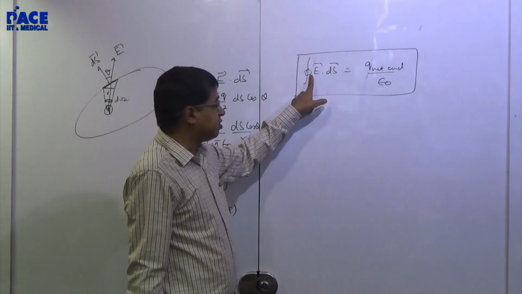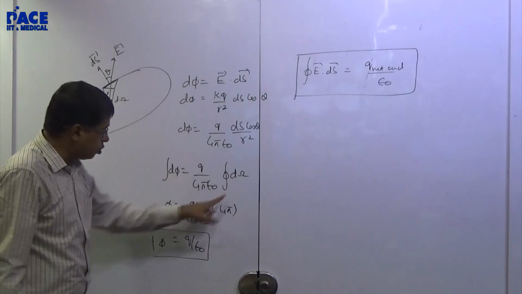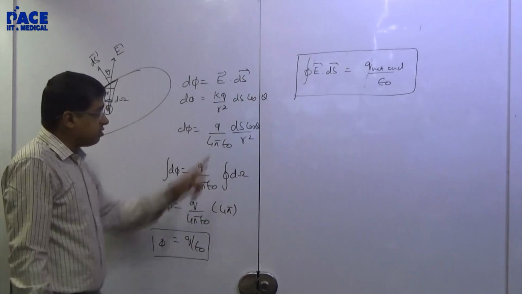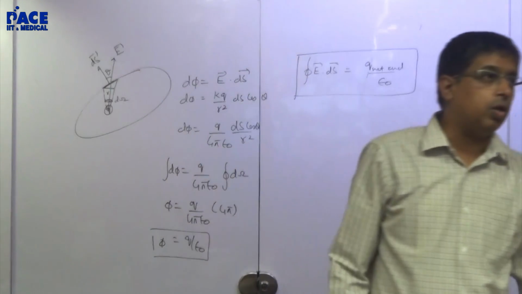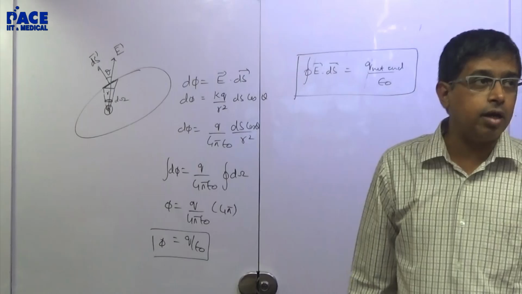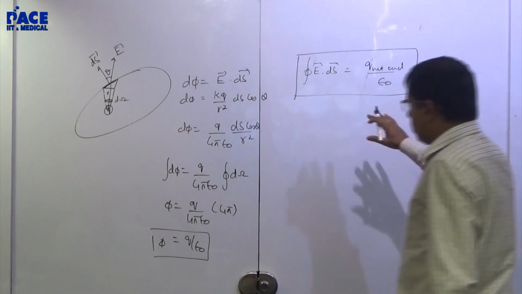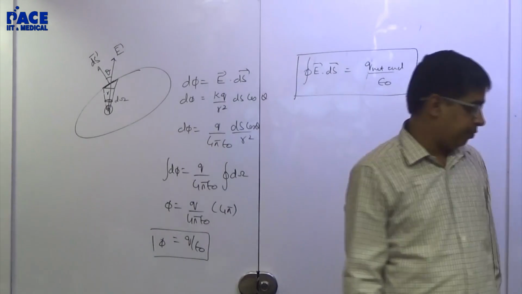Why are you using this closed integral symbol? You have to use it because only for a closed surface area this will turn out to be 4 pi. And hence it turns out to be q net enclosed by epsilon naught. Lot of interpretation to be done for this. Take this down. This is the proof for Gauss law.